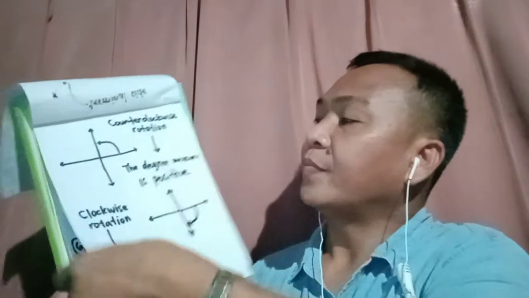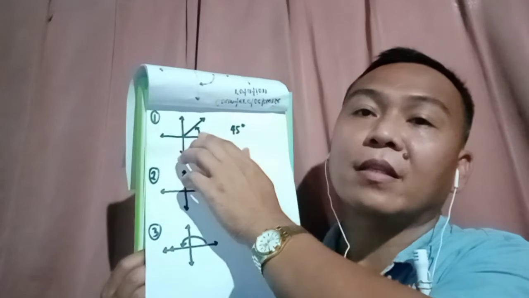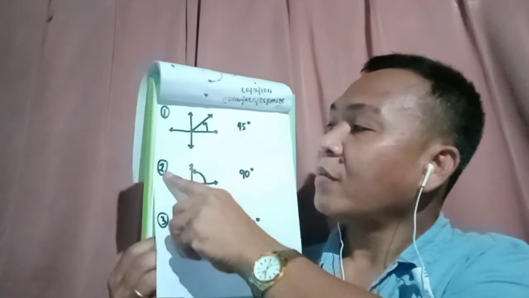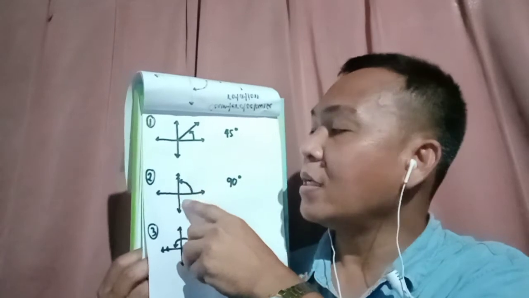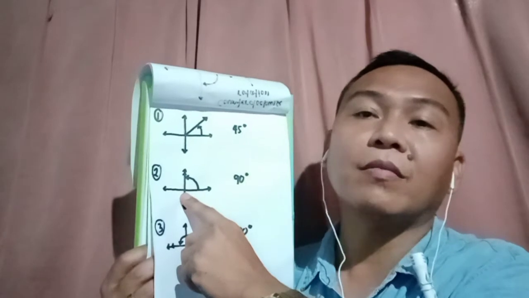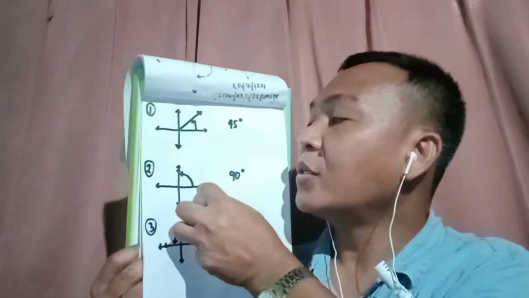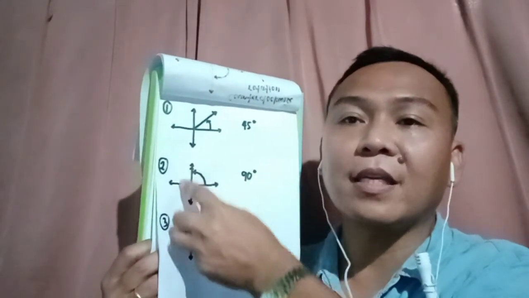Take note, for example, in number 1, we have here 45 degrees. Its terminal side does not lie at either the x or y axis. Therefore, this is not quadrantal, though this is in standard position. But what about number 2? This is quadrantal because it is in standard position, meaning its initial side is at the positive x-axis, the vertex is at the origin of the Cartesian coordinate plane, and its terminal side lies at the y-axis.